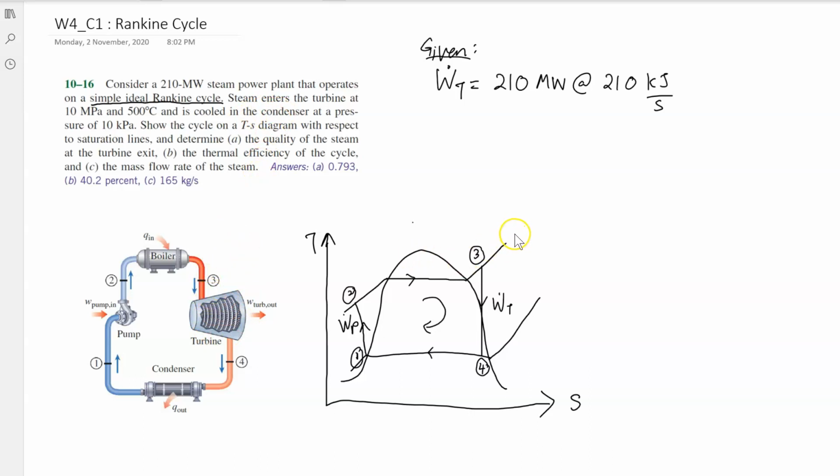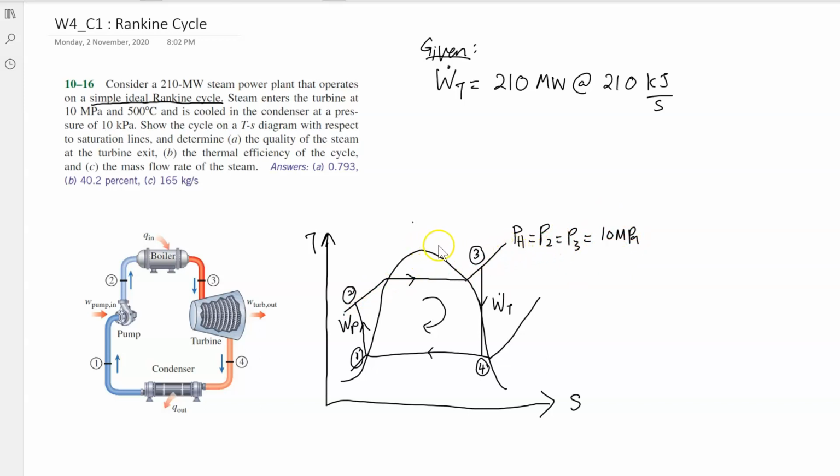So you quickly know that this is your high pressure, which is equal to your P2 and also equal to your P3, and equal to 10 megapascal. So whatever points cross all the way here must be at the same pressure.